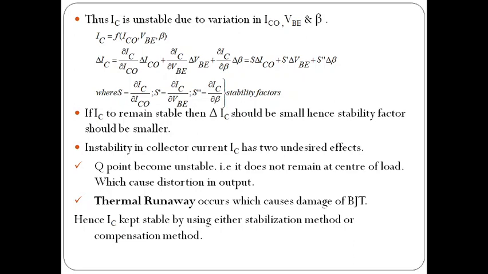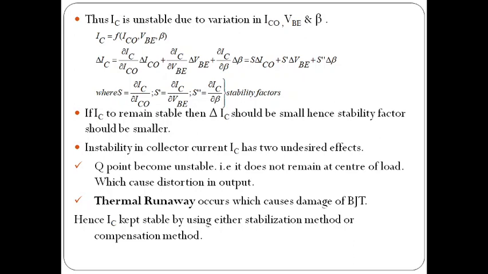We can stabilize the collector current by either the stabilization method or the compensation method. The stabilization technique is the use of resistive biasing circuits which allow IB to vary so as to keep IC relatively constant with variation in ICO, beta and VBE.